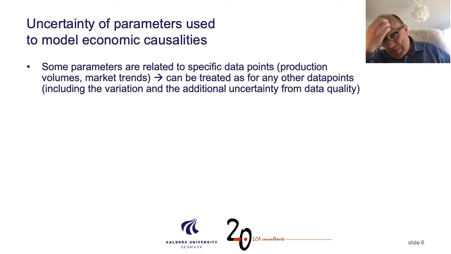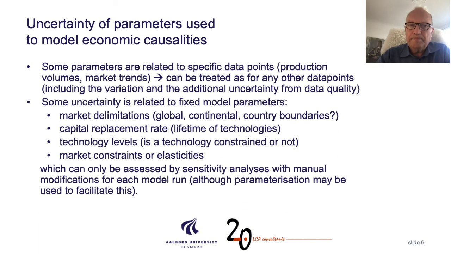Now, what about the uncertainty of the parameters used to model these economic causalities? Well, some parameters are related to specific data points, like production volumes and market trends, and they can be treated as any other data point, including the variation and the additional uncertainty from data quality. But some uncertainty is related to fixed model parameters, like market delimitations.